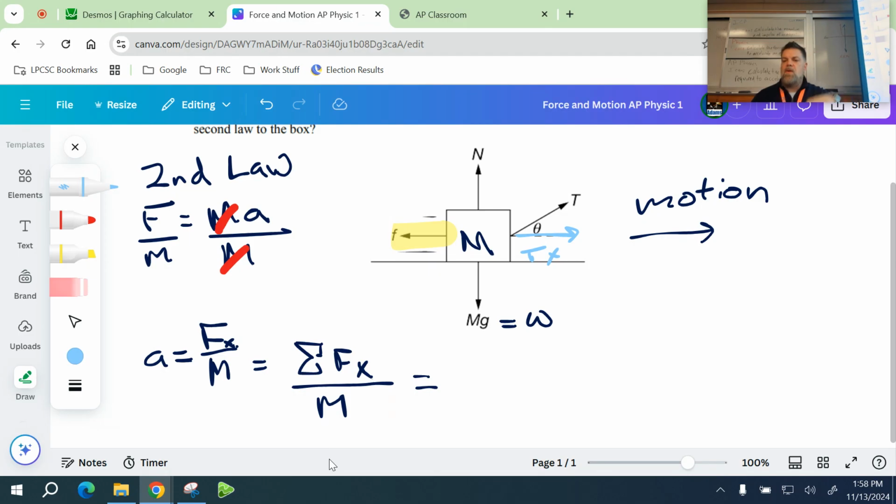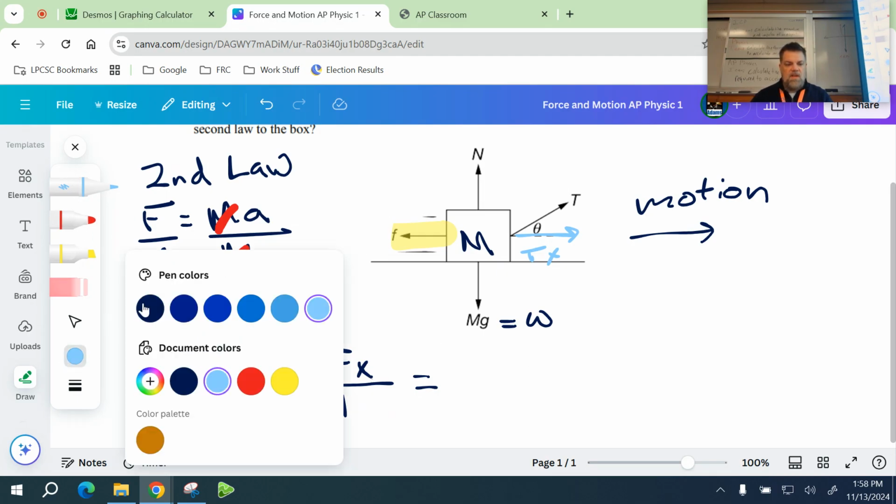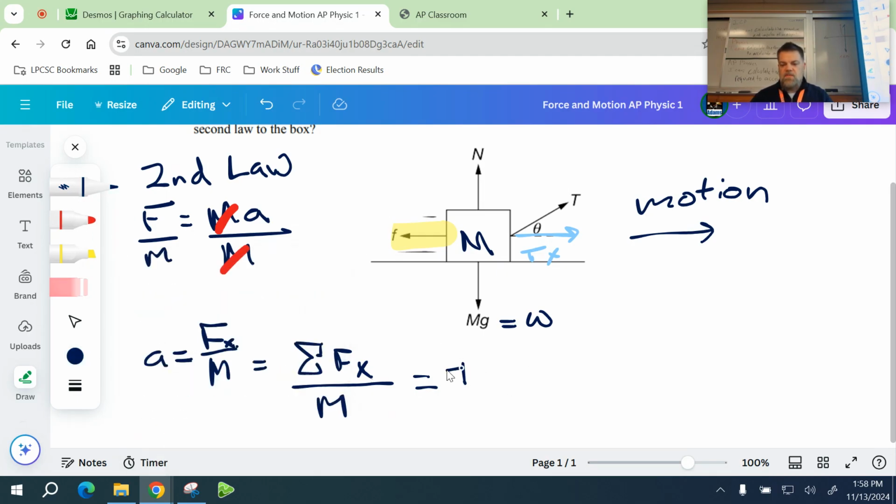I don't care about the y components. I only care about the x. Okay? All right. So I guess I'm going to have the tension of the rope, but just the x part, minus the friction, all over the mass.